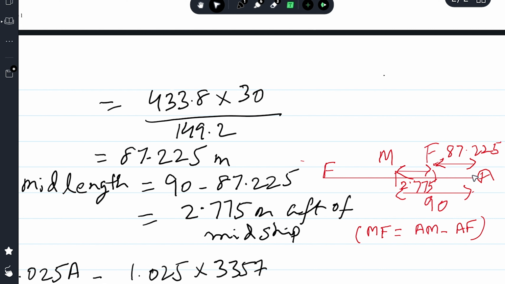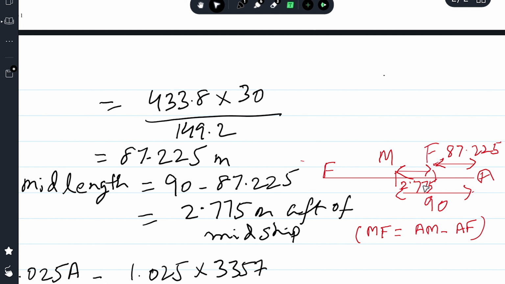Center of flotation from aft is 87.225. So just subtract 90 minus 87.225, you get the distance of center of flotation from midship. 90 minus 87.225 is 2.775 meter aft of midship. Yes, you can see the center of flotation is aft of midship.